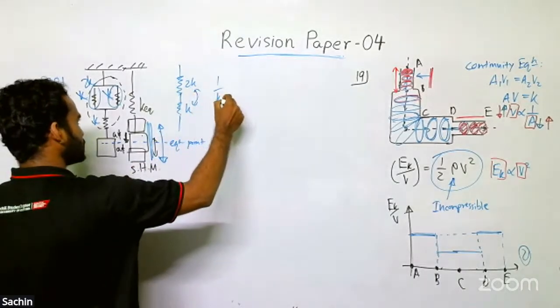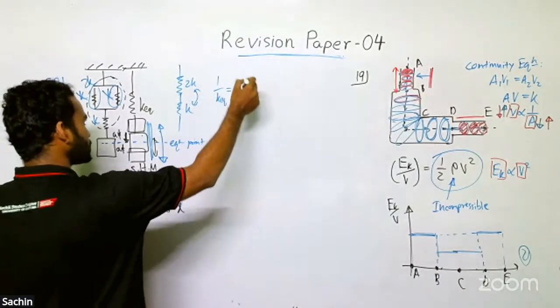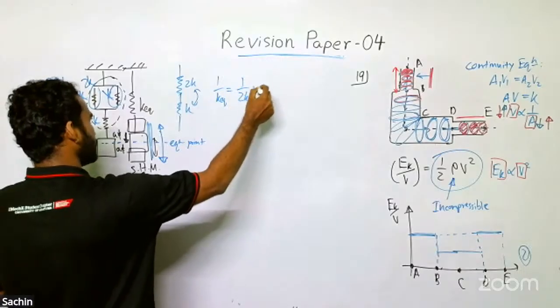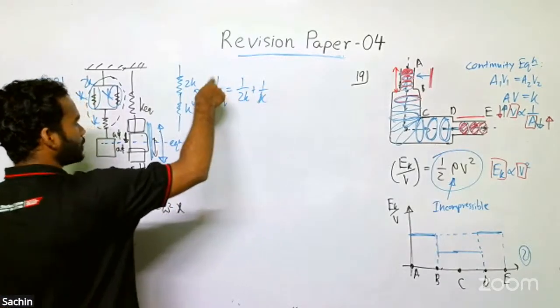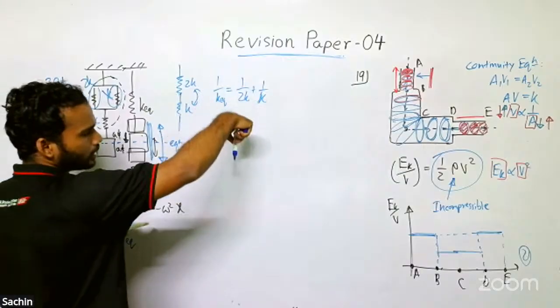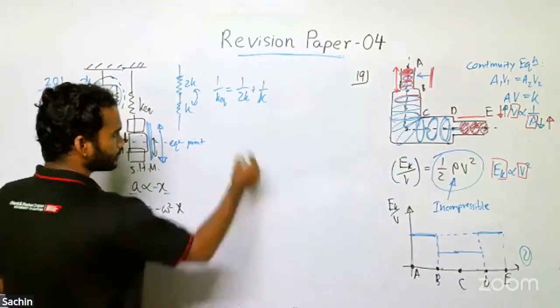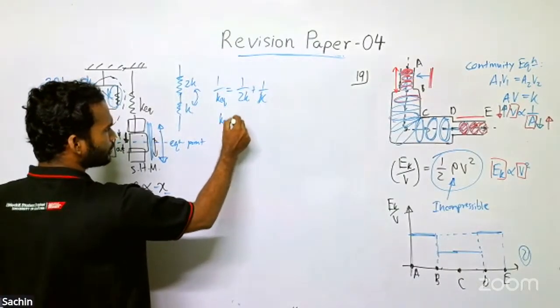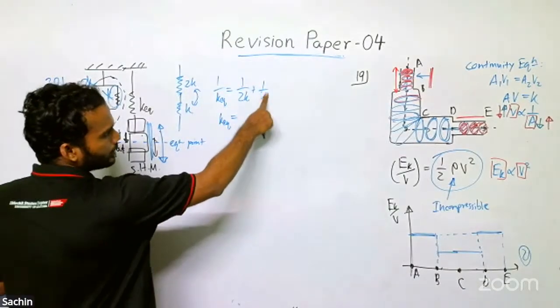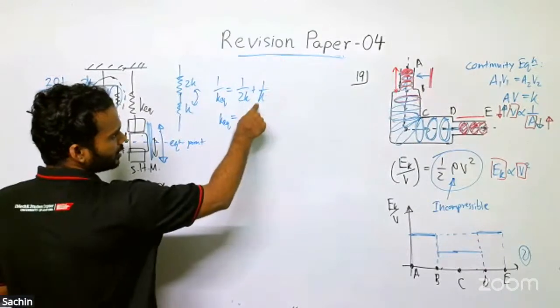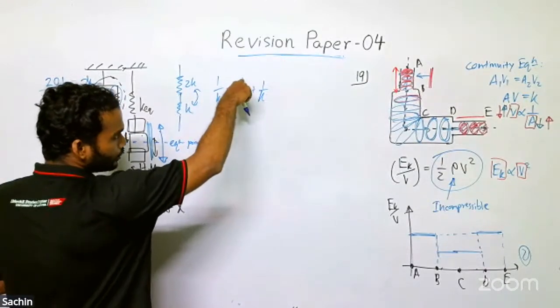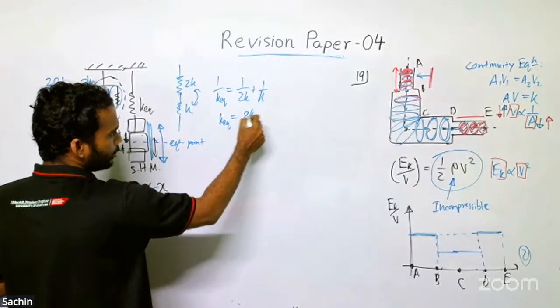For a series connection, the equivalent spring constant is given by 1 over 2k plus 1 over k. So 1 over the equivalent constant is equal to 1 over one constant plus 1 over the other constant. When you get the same denominator, this will become 2, 2 plus 1 is 3. So the equivalent constant is 2k over 3.